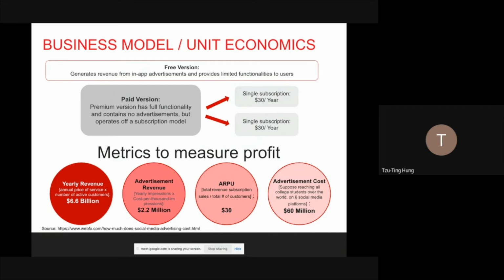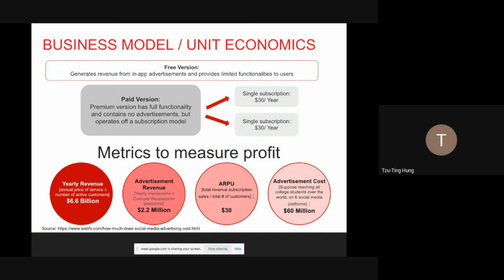And the second one is the advertisement revenue. In the free version, companies are allowed to put their advertisement on our product. If we charge 1 cent for a visit of our advertisement, and we have 220 million users, then 220 million users multiplied by a cent will get us 2.2 million advertisement revenue.